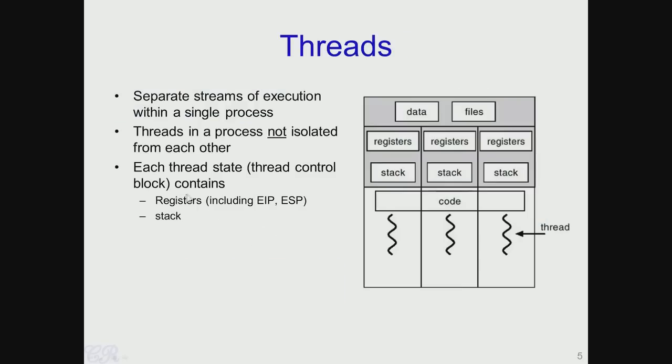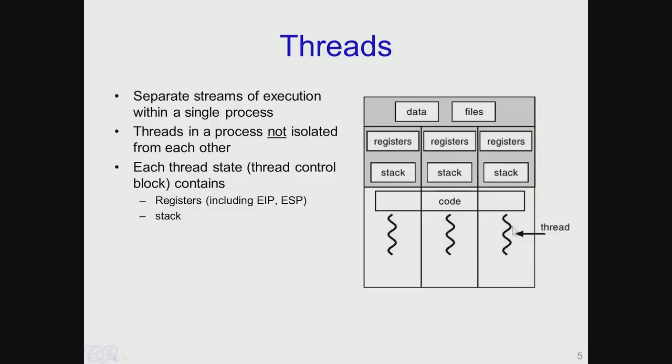Let us look at it with this particular figure. We have this single process over here, and within this process we have multiple threads. These are the execution contexts of this process.